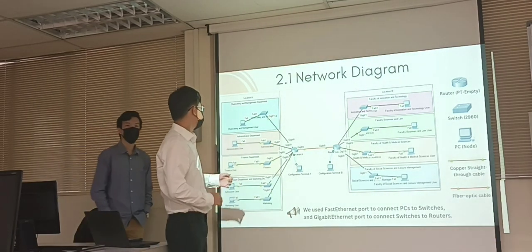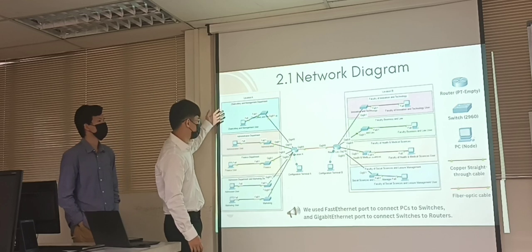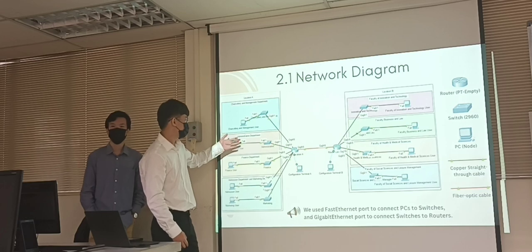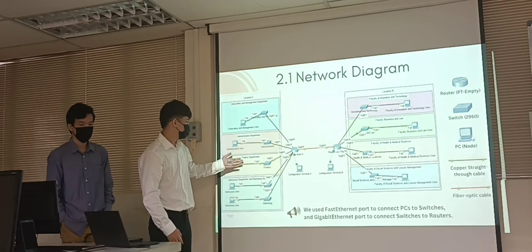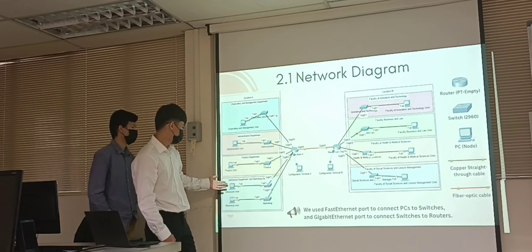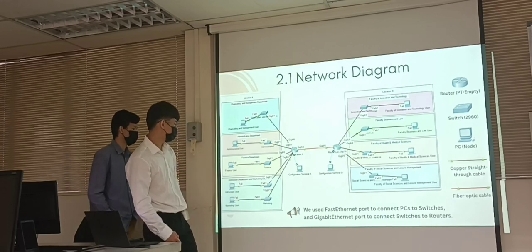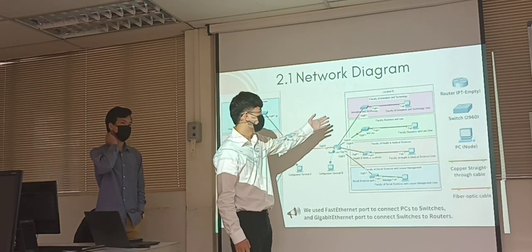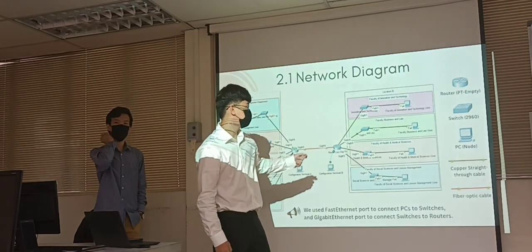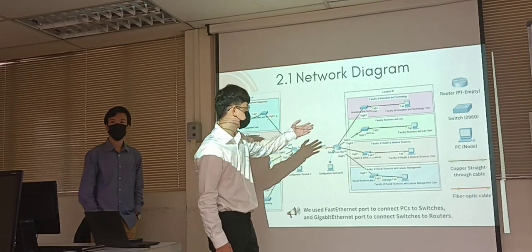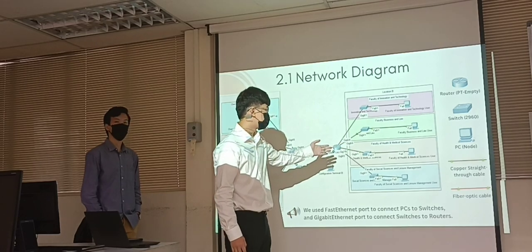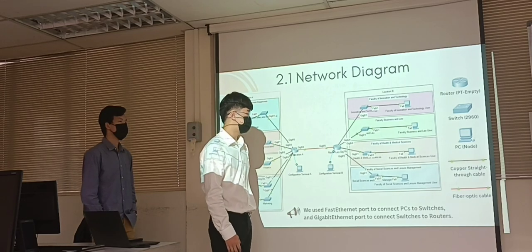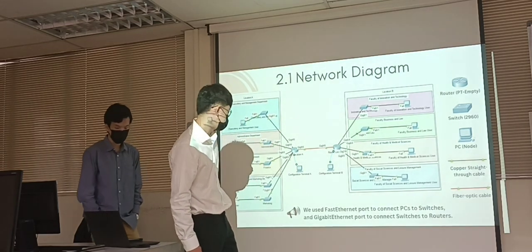In location A, the top floor is the chancellery and management department, the second floor is the administrative department, the first floor is the finance department, and the ground floor is the admission department and marketing department. In location B, the third floor is the Faculty of Innovative and Technology, the second floor is the Faculty of Business and Law, the first floor is the Faculty of Health and Medical Science, and the ground floor is the Faculty of Social Science and Asian Management.